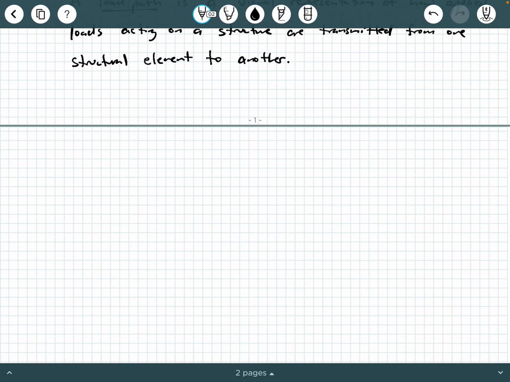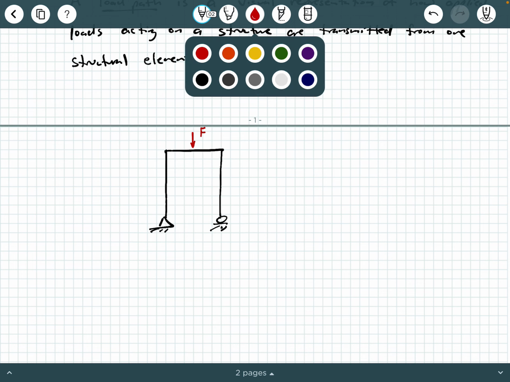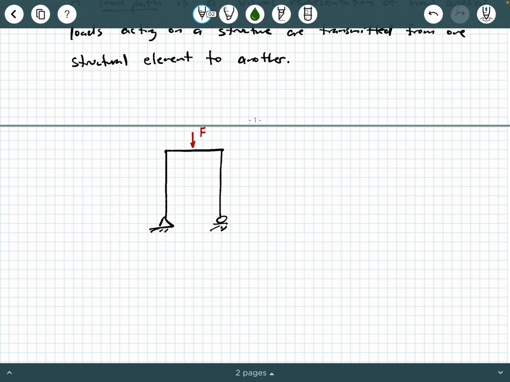So, for example, one very easy example of a load path could be like this. Let's say we have a frame here, and we'll just make it simple. And let's say we have this applied load here, okay? So what is the path that this load will tend to take as it is transmitted through the structure? Well, very simply, this applied load F will get transmitted to this beam, and I'm going to draw these little green arrows here.